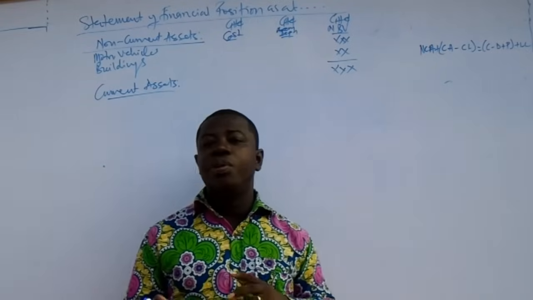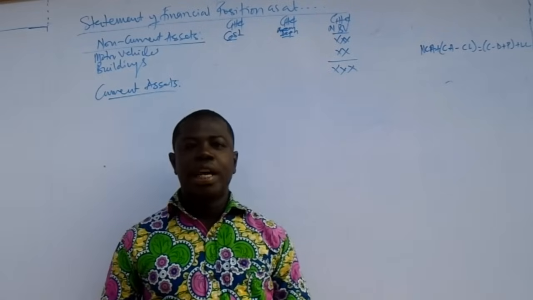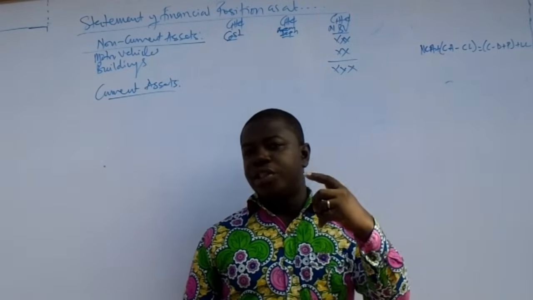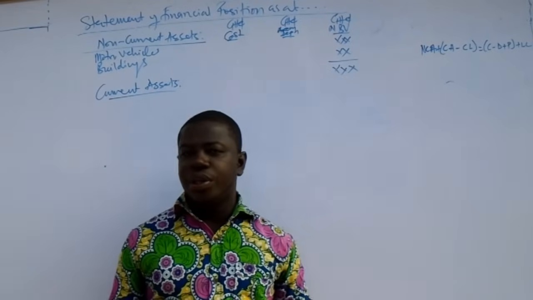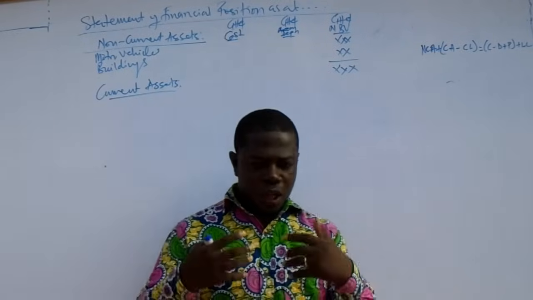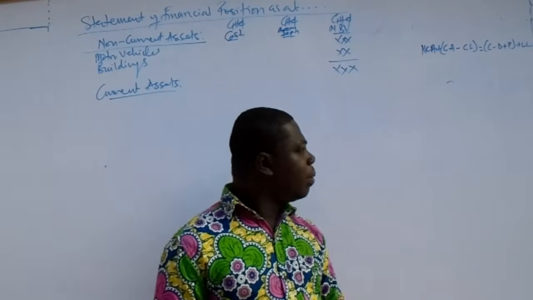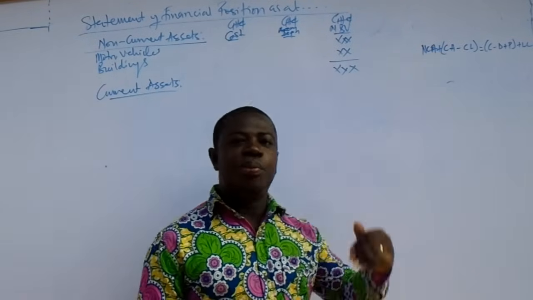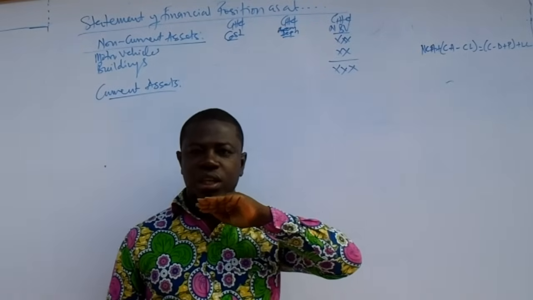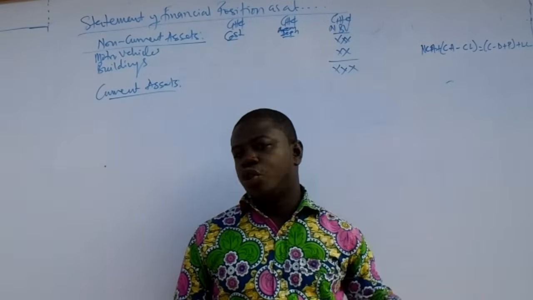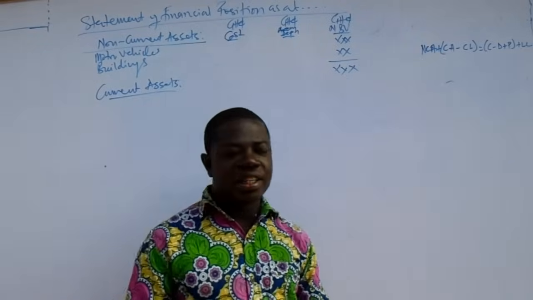So you can decide to begin with any of them, but usually we begin with inventories, which is very less liquid, to cash, which is most liquid. So that is what basically we do. If you want to go that way, we'll bring our inventories first, then our receivables will follow, and then our short-term investments, and then our cash.